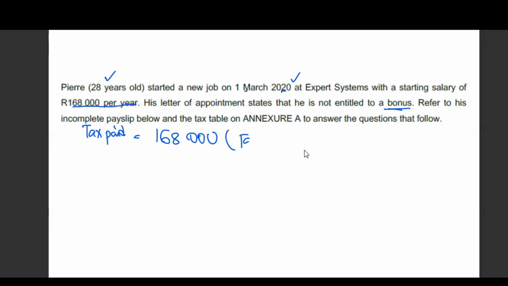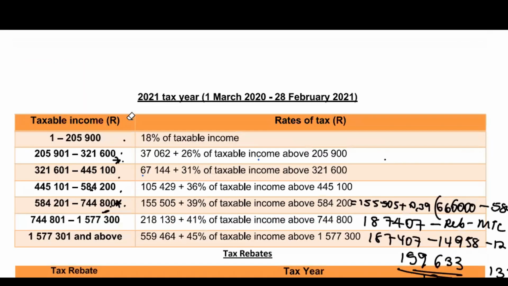So now this is taxable income. We are not going to remove pension. Why? They never mentioned anything to do with pension. You go straight forward. Now, when we look at the tables, this will be bracket number 1 straight away. That's what I see.